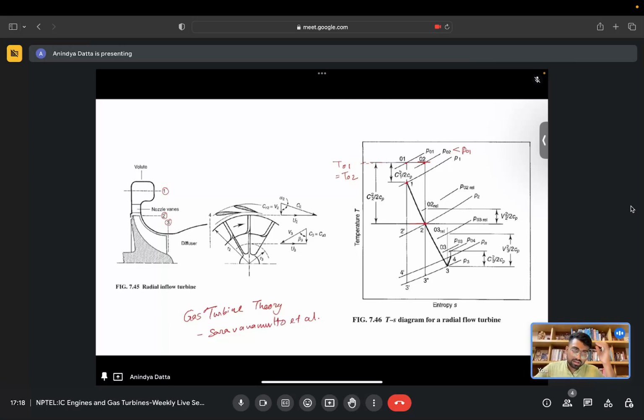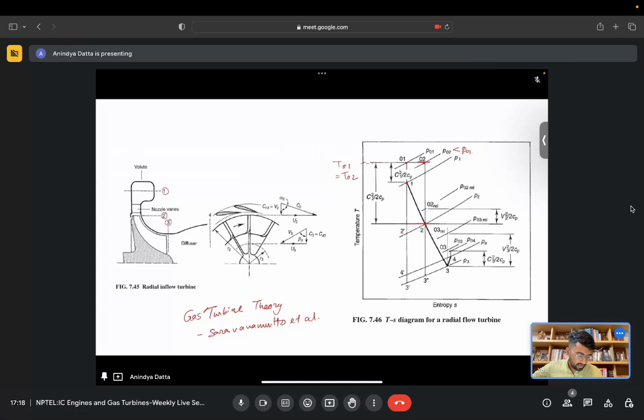This part is similar to what we have seen in the case of diffusers, the TS diagram for the diffuser of a centrifugal compressor. There also the total temperature stays constant, but there is a fall in total pressure due to flow irreversibilities.